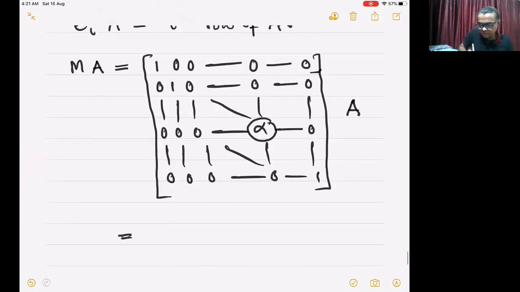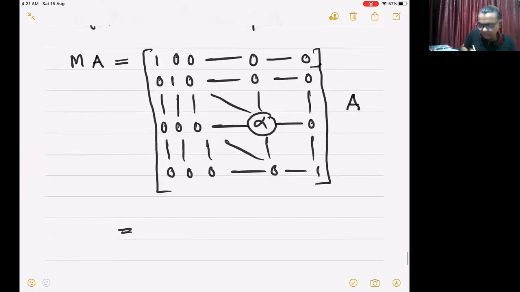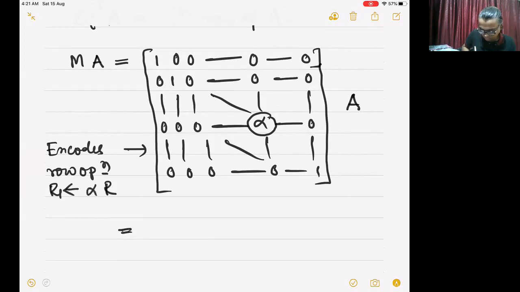So this M in fact encodes row operation number 1: row R being substituted by alpha times R.